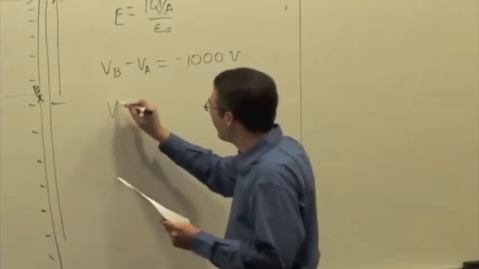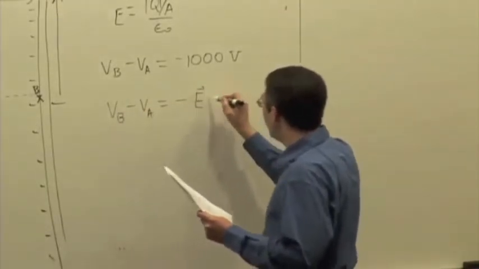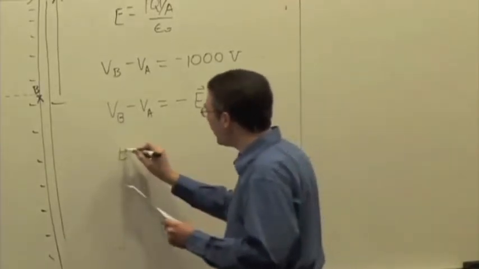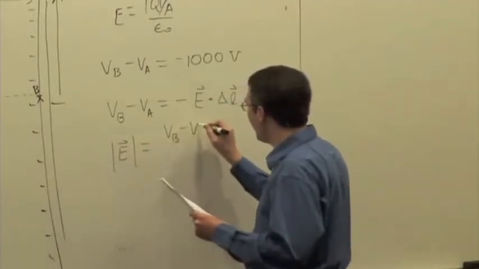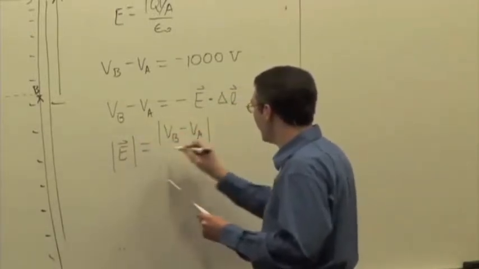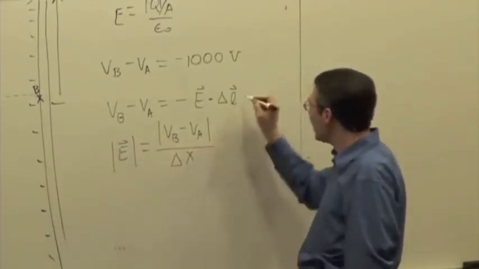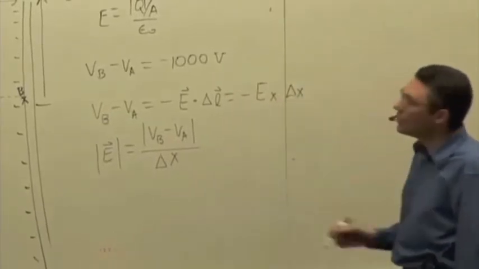Well, VB minus VA is negative E dot delta L. And I already know the direction, so let me just find the magnitude. The magnitude is going to be the magnitude of VB minus VA over the magnitude of that distance, and it's really delta x here, right? Because we're just looking at Ex delta x. It's only the x component.